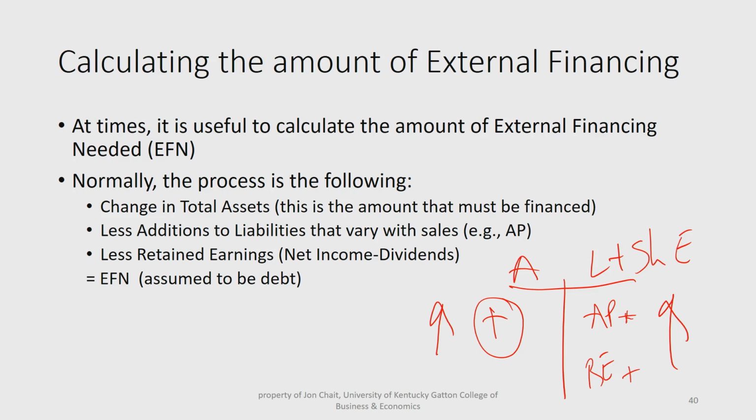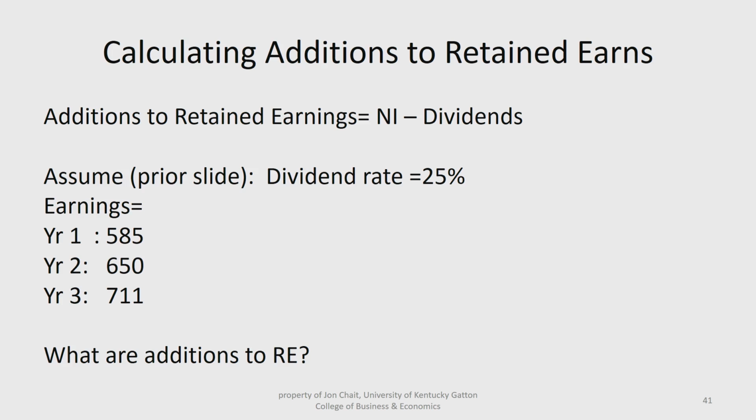So then this gap is EFN, the external financing needed. And remember how to calculate retained earnings, because to answer the question of how much is EFN, you need to know what the retained earnings are. And that's how we calculate it.